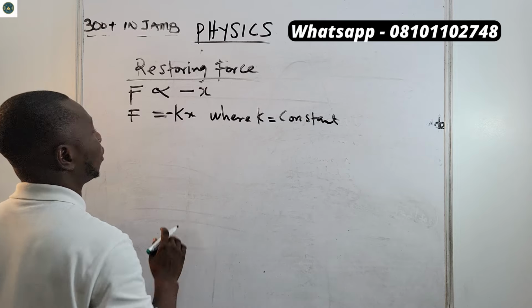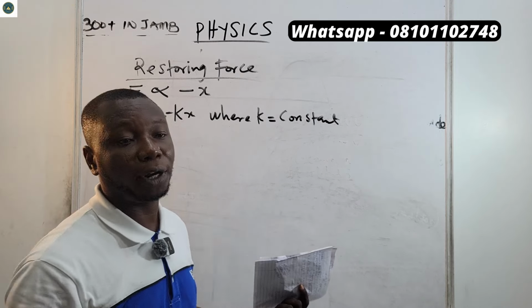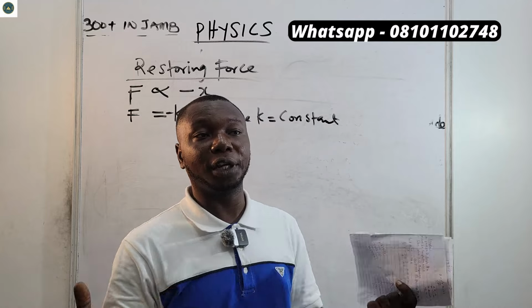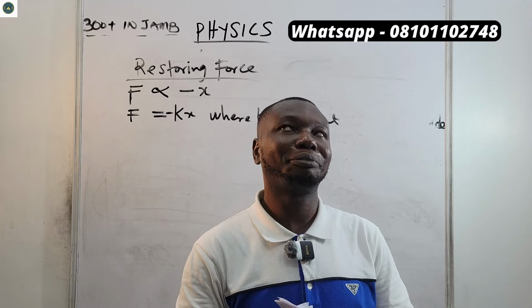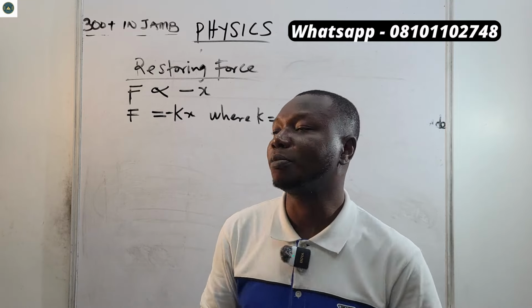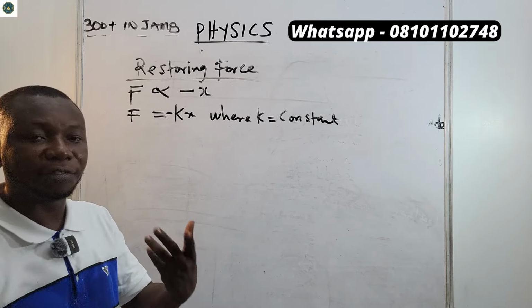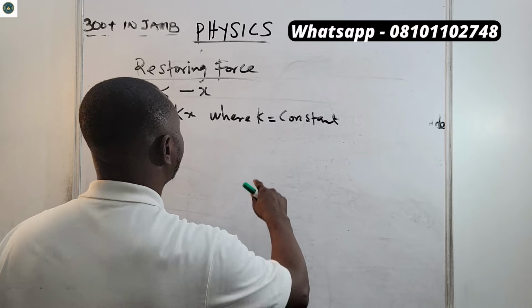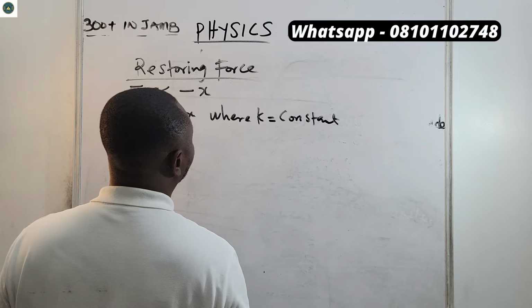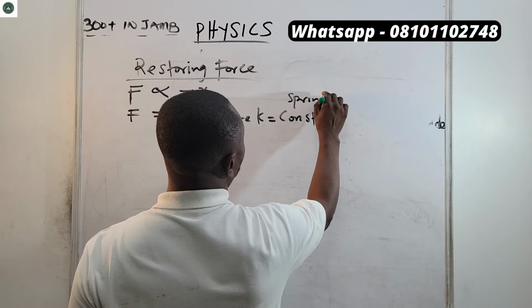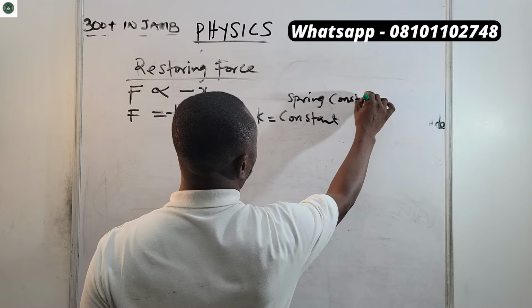And why do we say it's a constant? Because the spring might be made up of different material. What happens if the spring is made up of copper, or made up of aluminum? So these materials have different properties. So there's a spring constant, which is K. We call it spring constant.